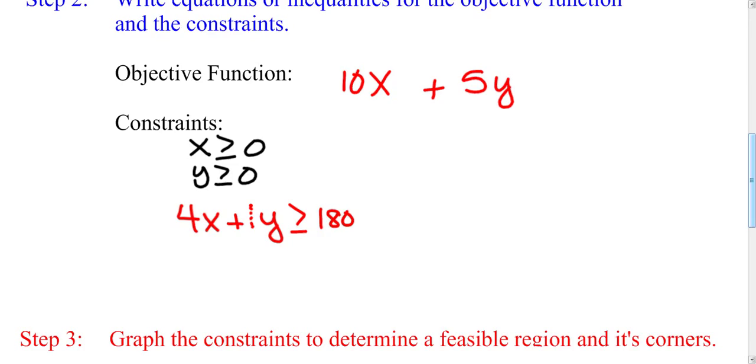It also says that I have to have 90 units of phosphorus. So this is my equation for the nitrogen. Then I'm going to make an equation for phosphorus.